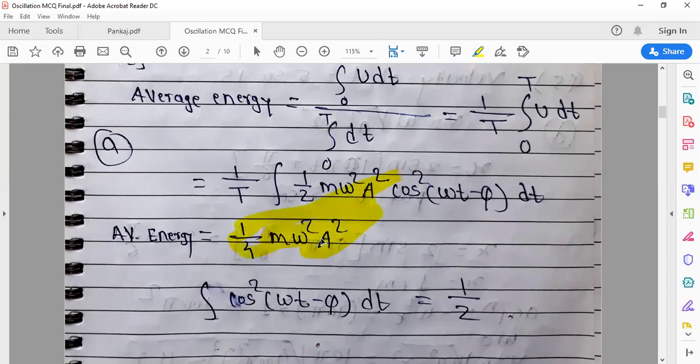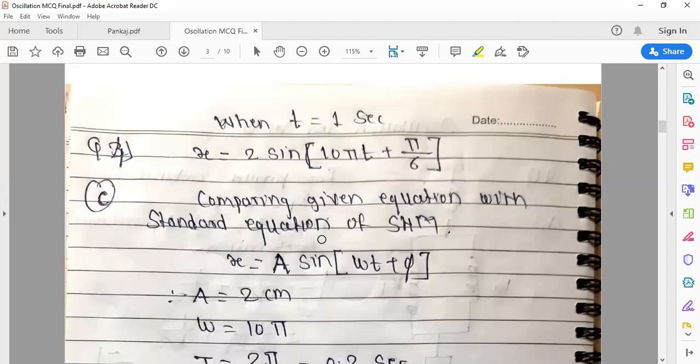Next one, question number 4. In question number 4, the displacement equation is given. So x is equal to 2 sine of 10 pi t plus pi by 2.